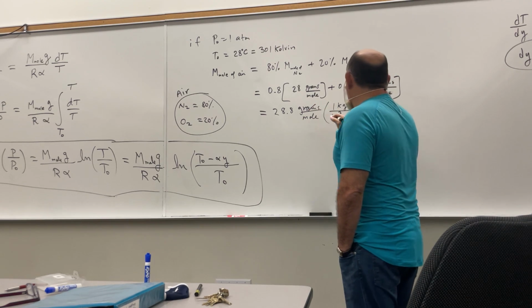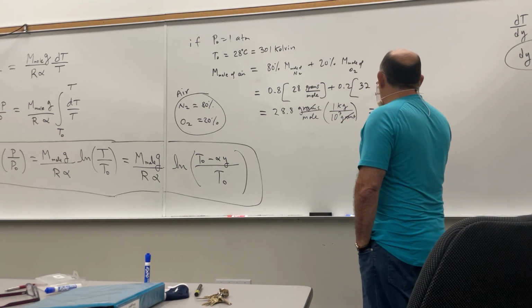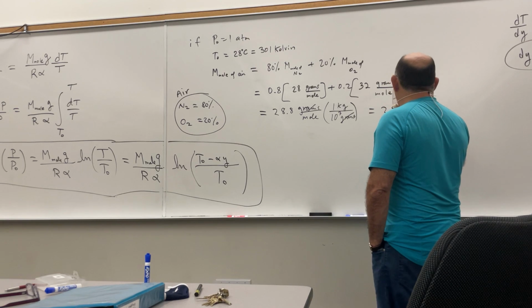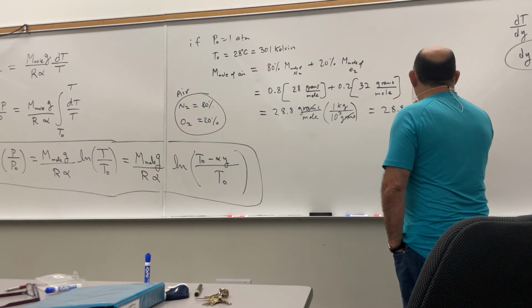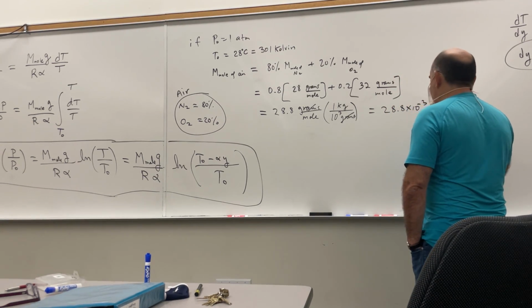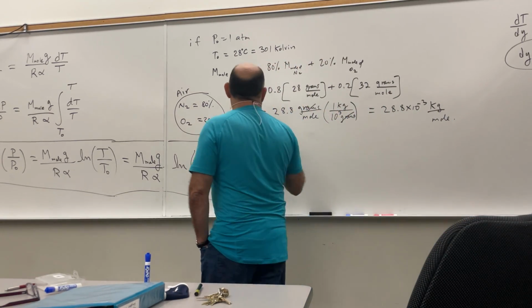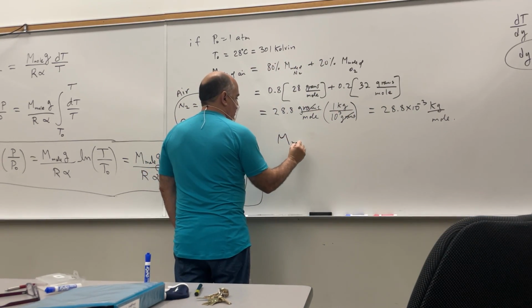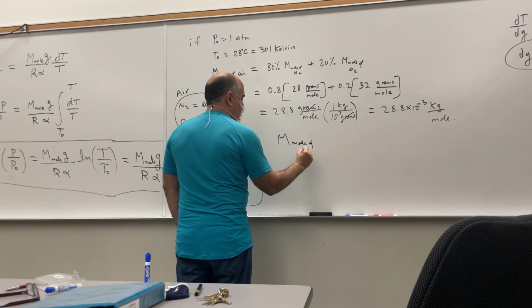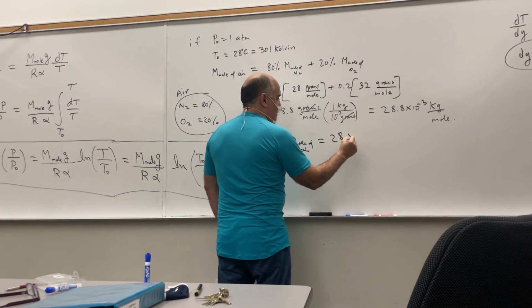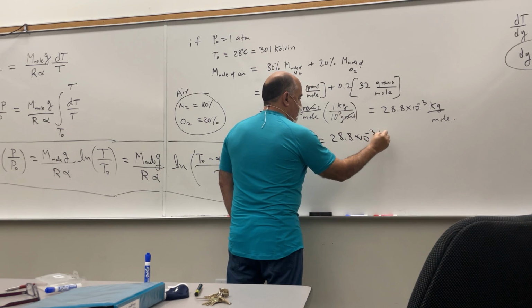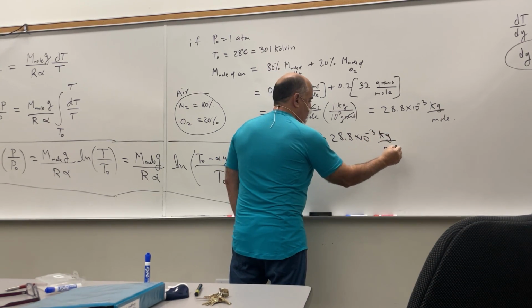So the grams cancel. So this will be 28.8 times 10 to the minus 3 kilograms per mole. That's the mass of 1 mole of air. It's roughly 28.8 times 10 to the minus 3 kilograms per mole.